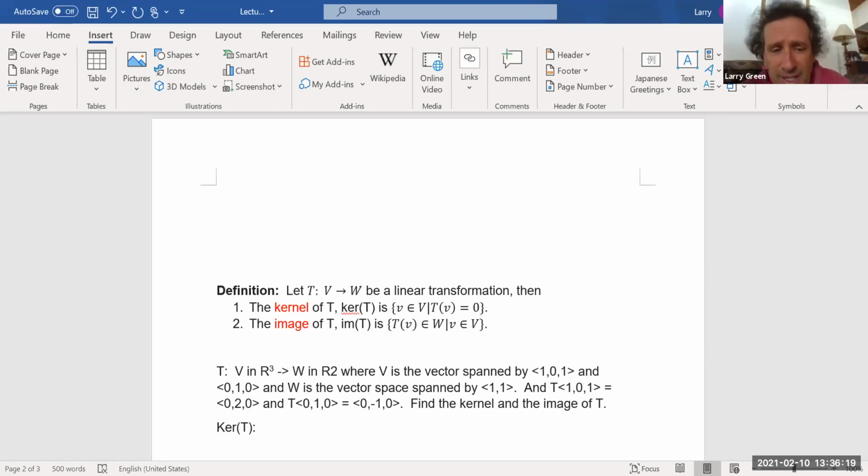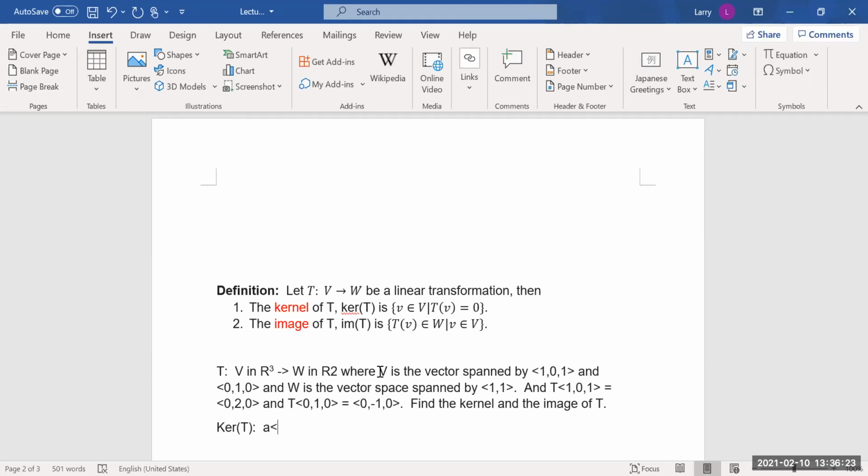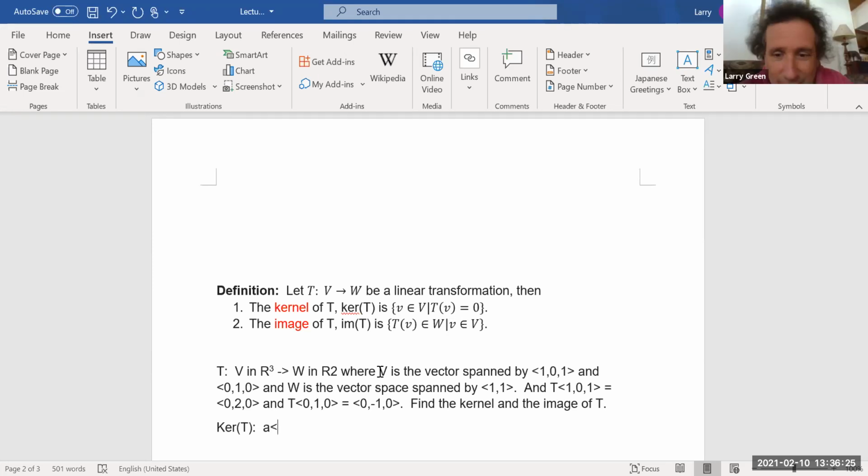In particular, a vector in V is a times (1, 0, 1), and I want T of that, plus b times (0, 1, 0).